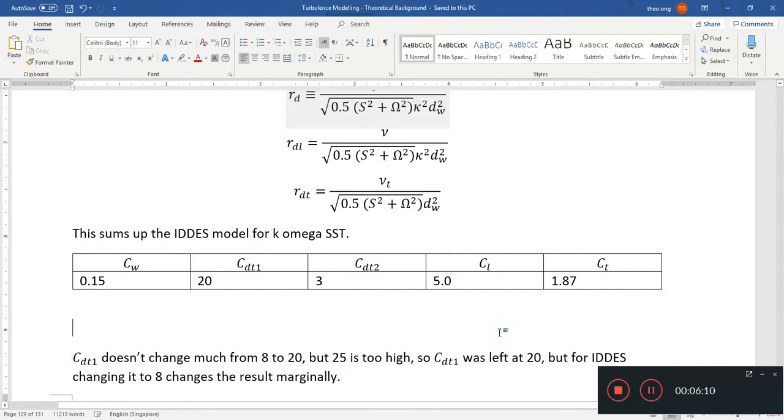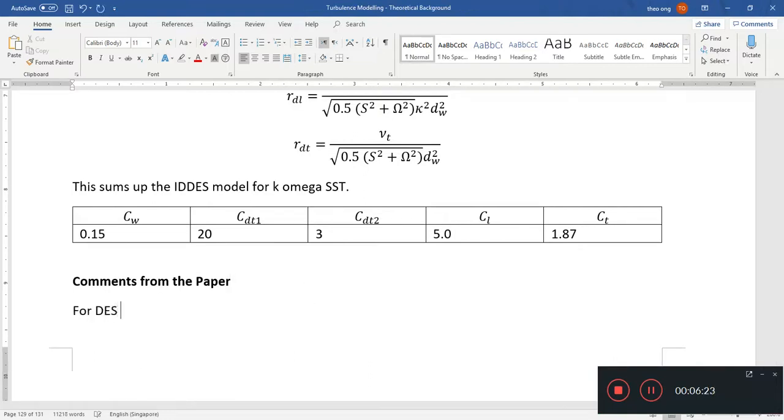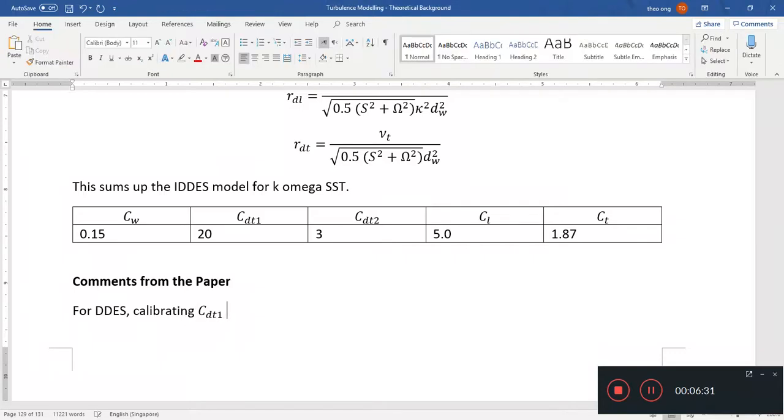Okay, so there are a few comments from the paper which are important to note. For DDES, calibrating CDT1 from 8 to 20 is very important.